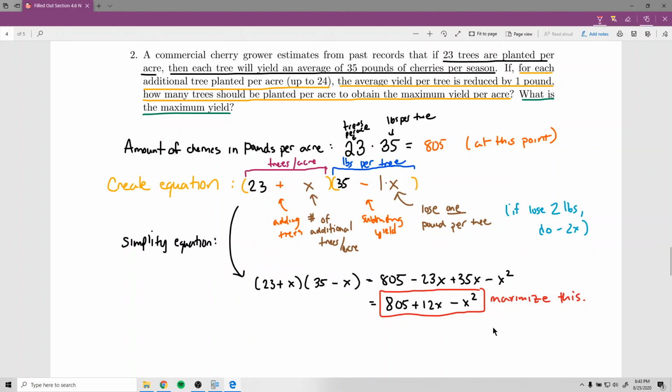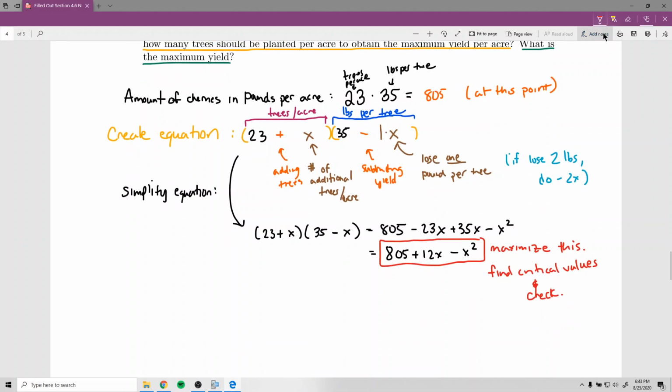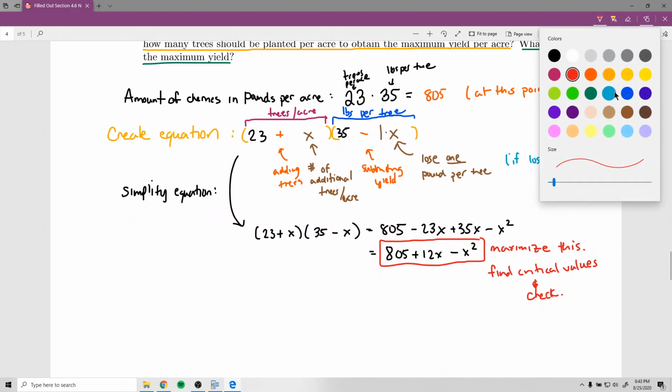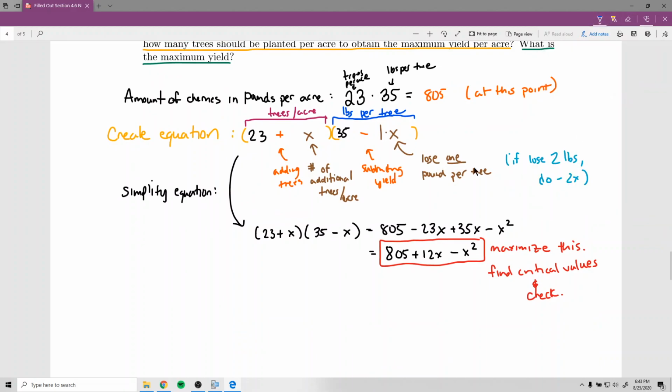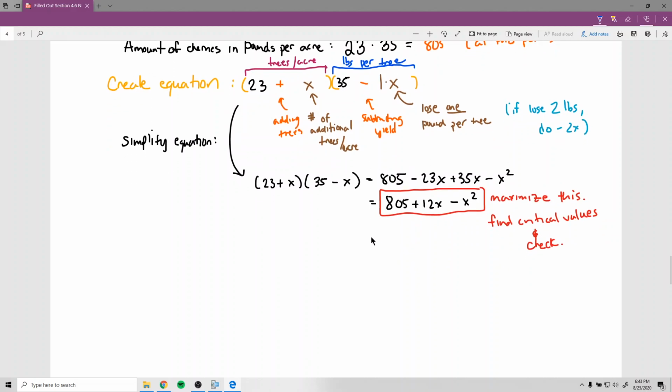Now we find the critical values and check that it's a maximum and then plug it in and everything we did in the last problem. So once you're here, once you've made the equation, the context of interpreting your result is really the only difference between all these problems. All right, so let's go ahead, since we need to find the critical values, do the derivative.